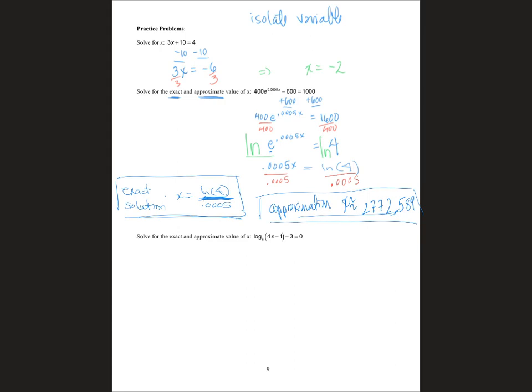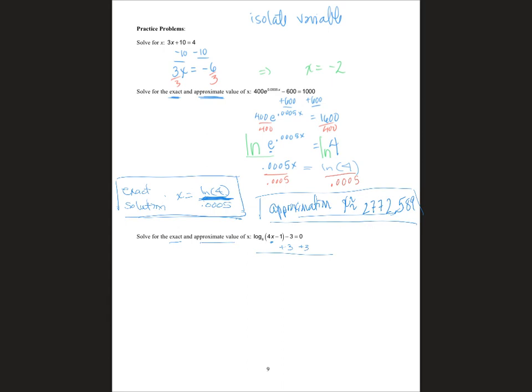Now, looking at the next example, again, I want to find the exact as well as the approximate value of x. I see that the x that I'm trying to find is in the argument of a logarithmic expression. So now we need to figure out what we're going to do first. Just like a regular linear equation, I'd start stripping things away from the term that involves the unknown value x.